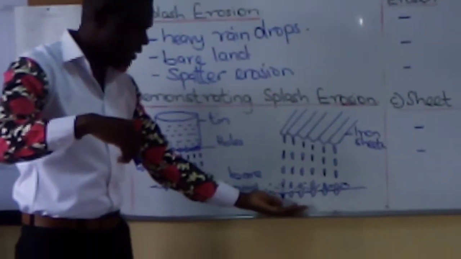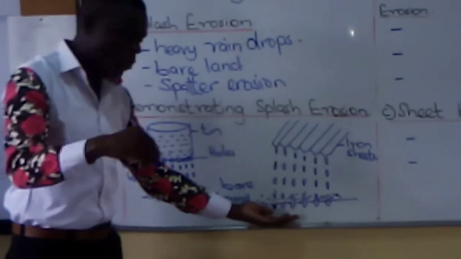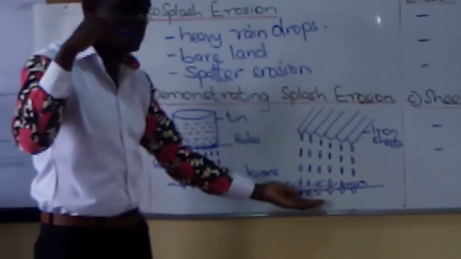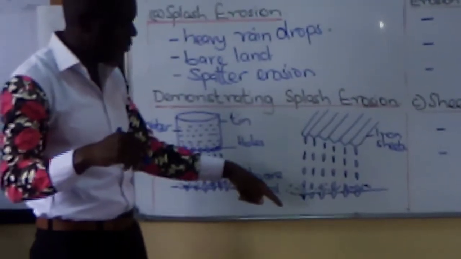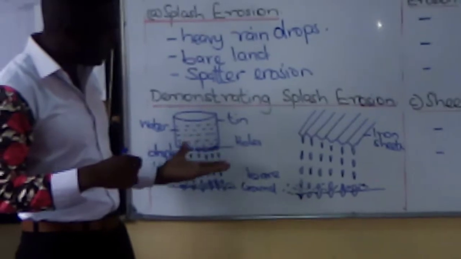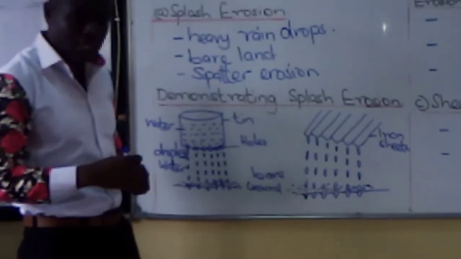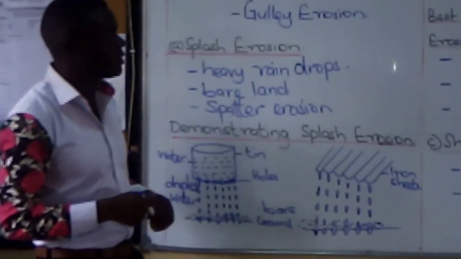From those holes, soil was splashed out, and so that is called splash or spatter erosion. I hope you've understood with these demonstrations and the diagrams drawn here. Boys and girls, please draw these diagrams in your exercise books.